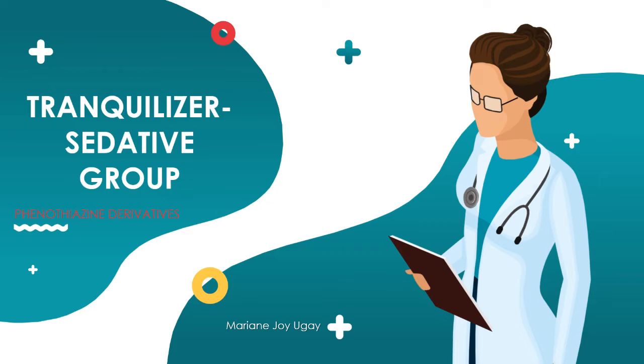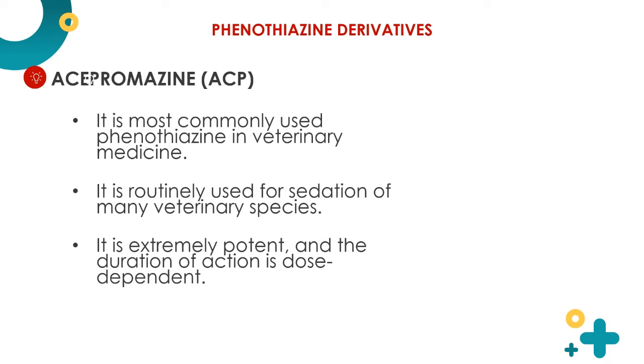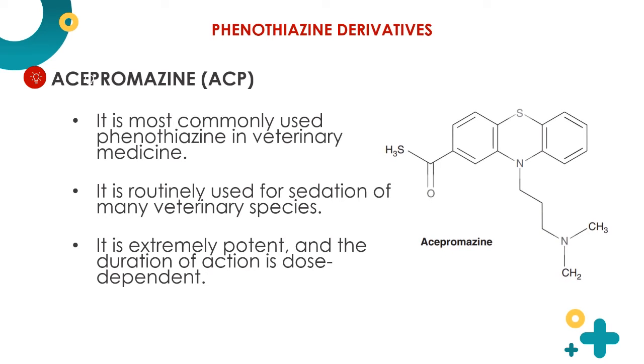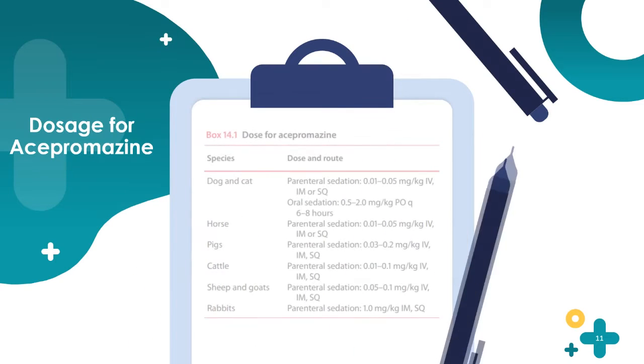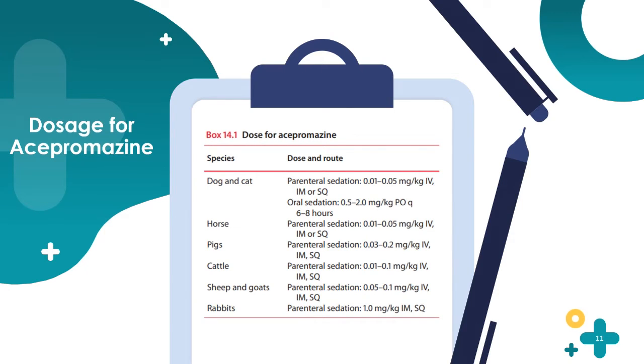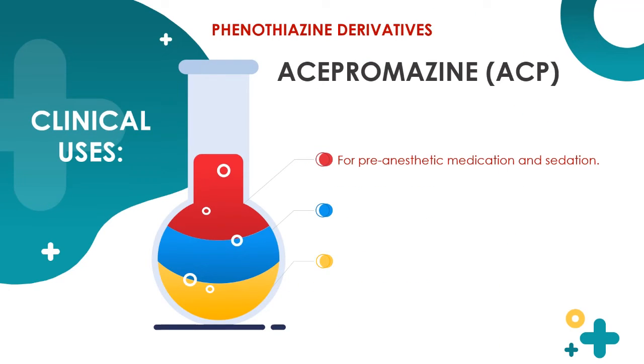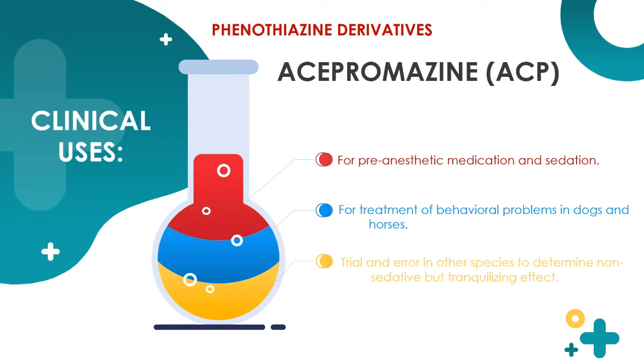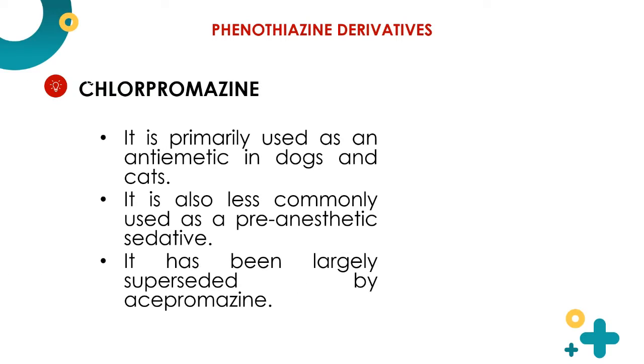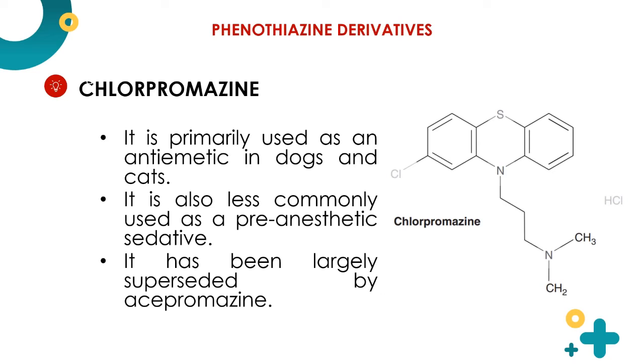There are various examples of phenothiazine. The first one is acepromazine, which is the most commonly used phenothiazine in veterinary medicine. It is extremely potent and the duration of action is dose-dependent. Another one is chlorpromazine, which is less commonly used as a pre-anesthetic sedative.